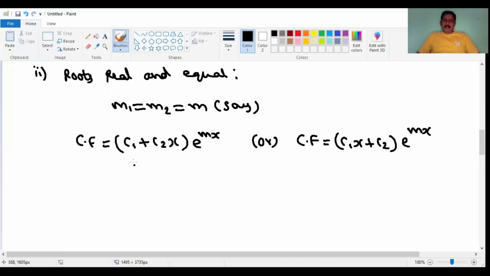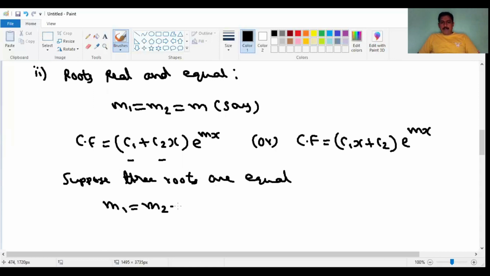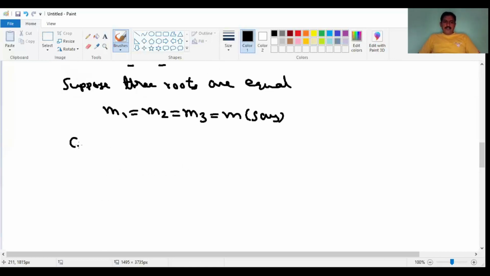Two roots are there, so we have to introduce two constants. Suppose here three roots are equal, say m1 equal to m2 equal to m3 equal to m. We can write our complementary function as (c1 plus c2x, and since now three roots are equal, introduce one more constant and write c3 x power 2) e power mx. So this is the way we can write when the roots are equal.